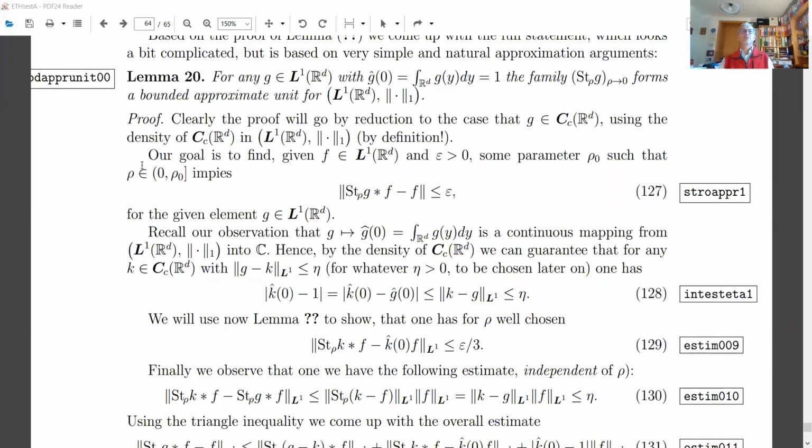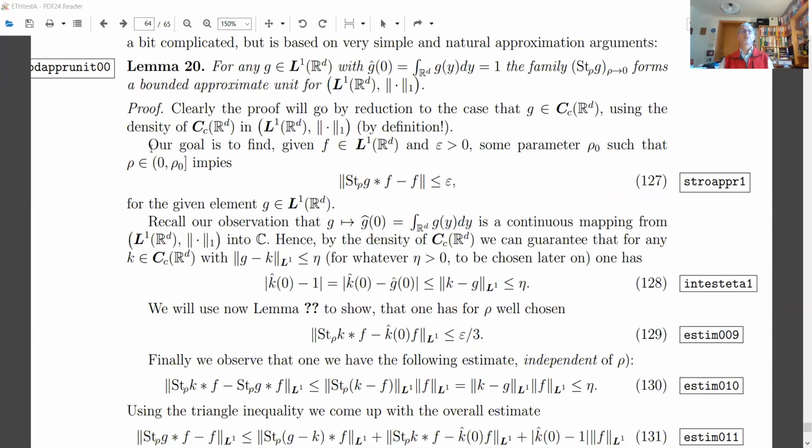So the claim is, or I hope that this part is written out carefully enough.